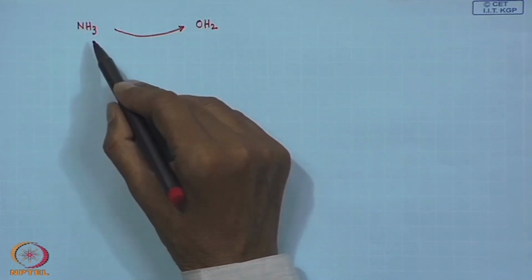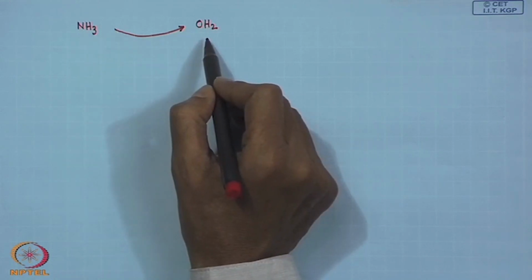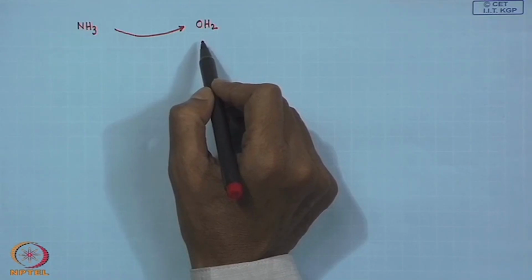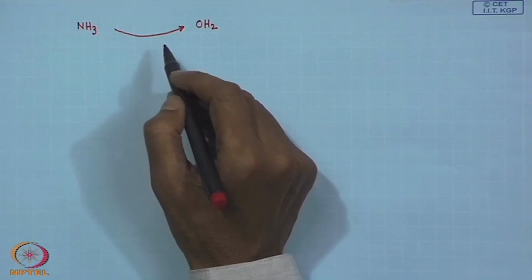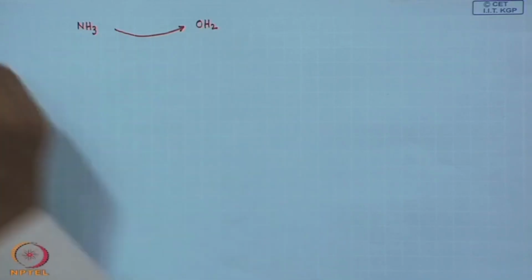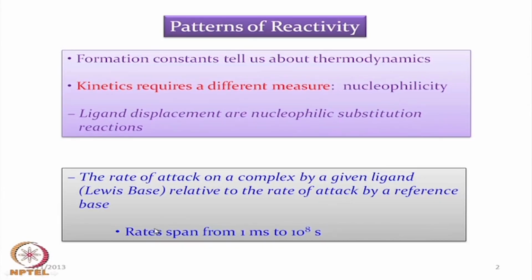We can find out how this new Lewis base attacks and removes the water molecules from the metal center, and how quickly this happens, from the rate of the reaction. So, we can have two different reactions, one slow and the other fast.